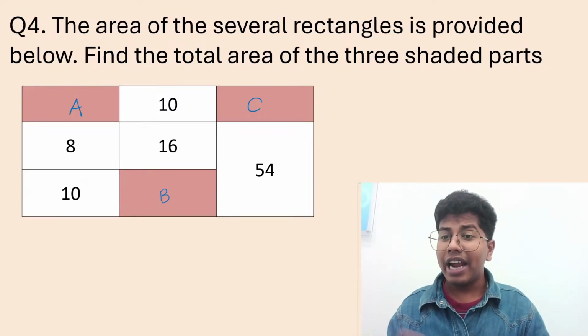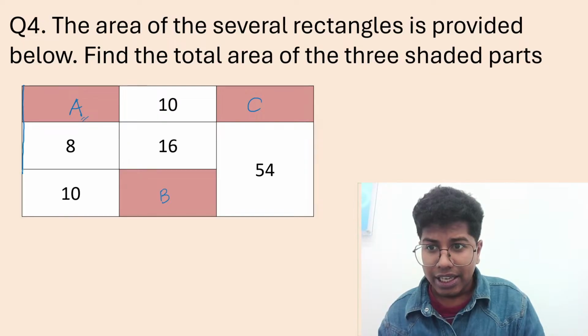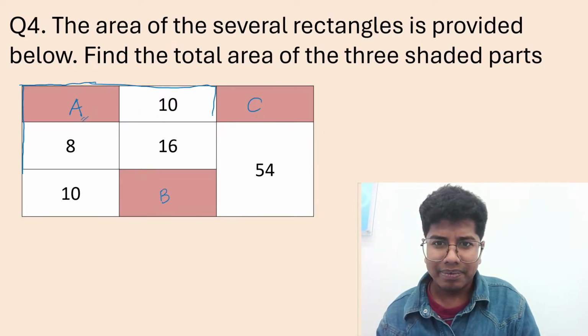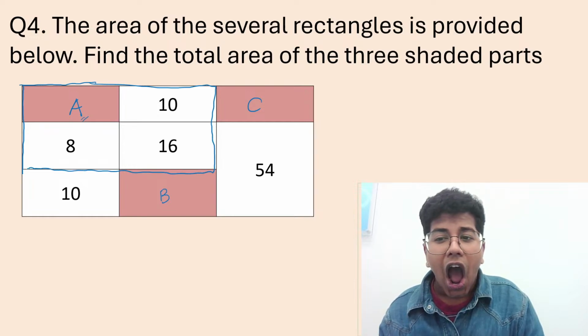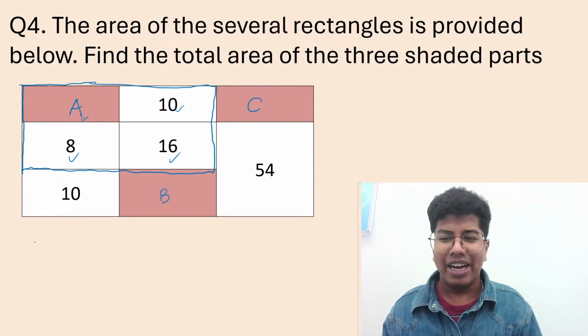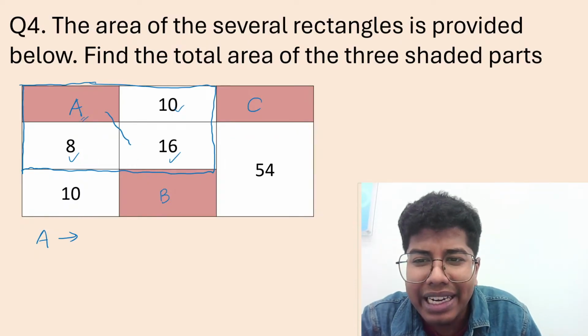Can we find out the value of A here? For A, there is this closed rectangle, and in it we know the value of 3. Can we find the value of A? Of course. Here we just have to multiply in a cross.